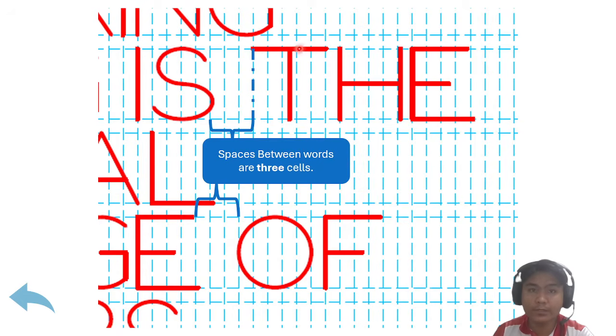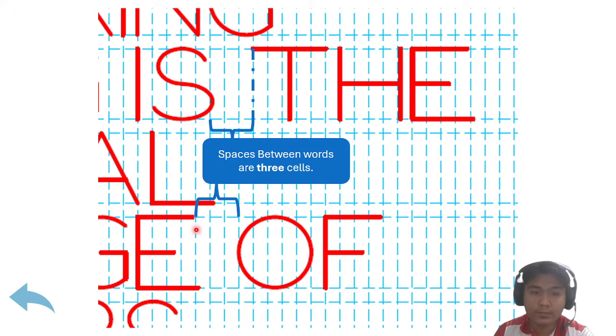As you can see here, we have this letter T. It started on this line, and the letter S ended with this line. So we're going to count one, two, three spaces, and then you start with the letter E. Same is true here.